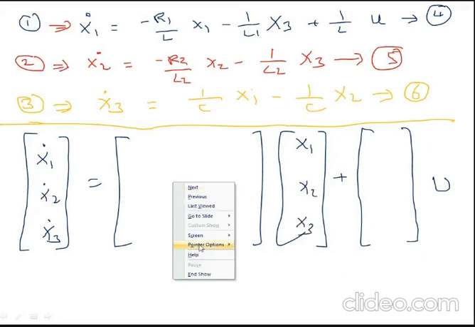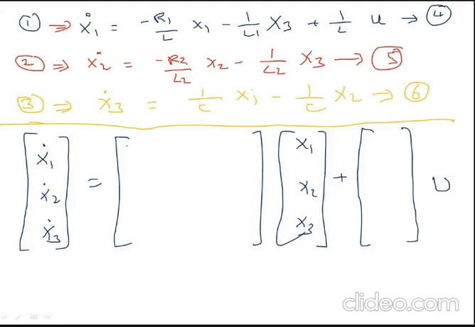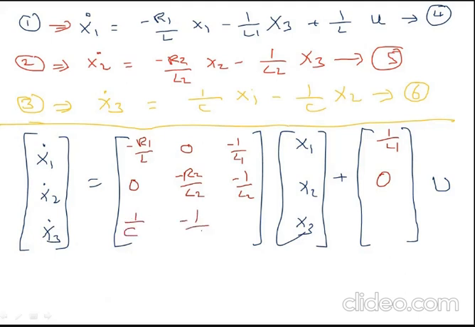So converting those equations into matrix form, you will get the answer as: x1 dot is equal to minus r1 by l1, 0, minus 1 by l1, 1 by l1, and x2 dot is equal to 0, minus r2 by l2, minus 1 by l2, and this is 0, 1 by c, minus 1 by c, 0, and this is also 0.